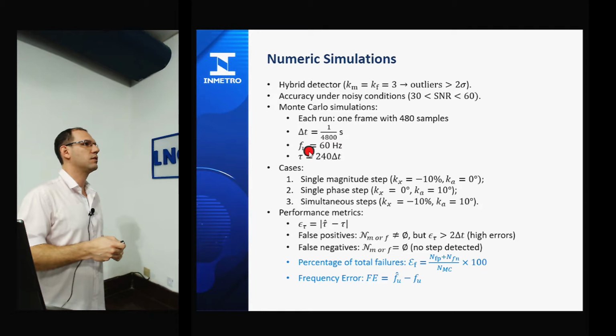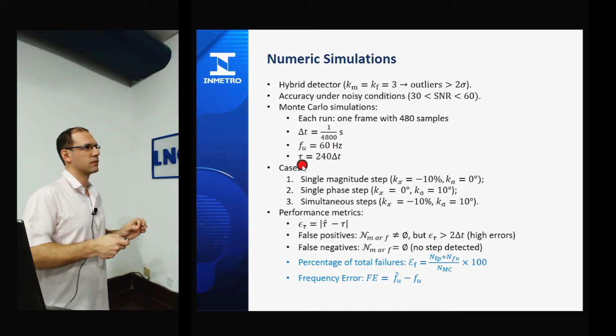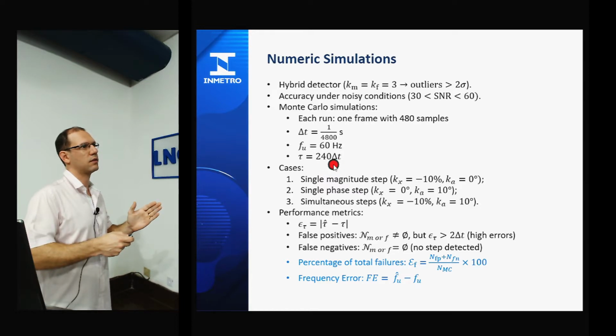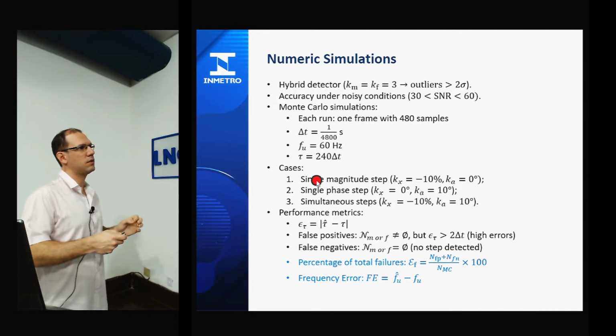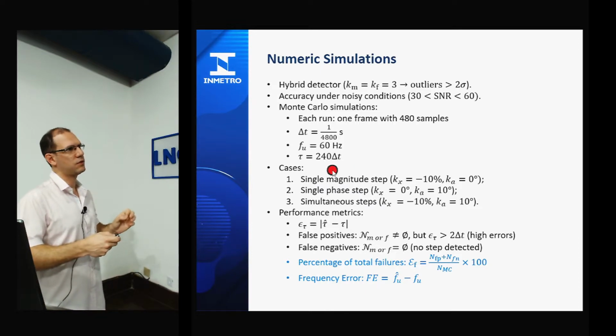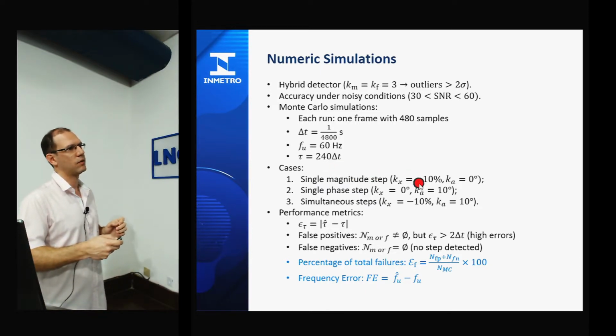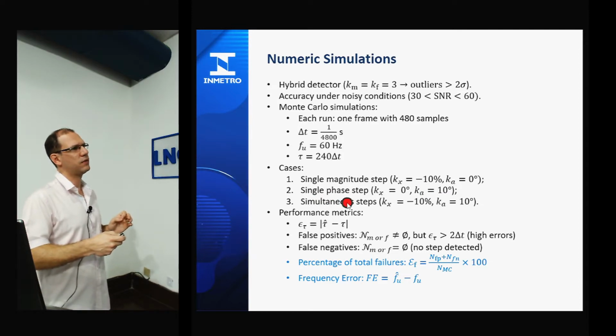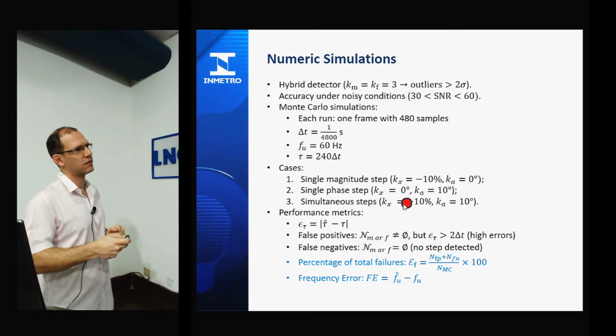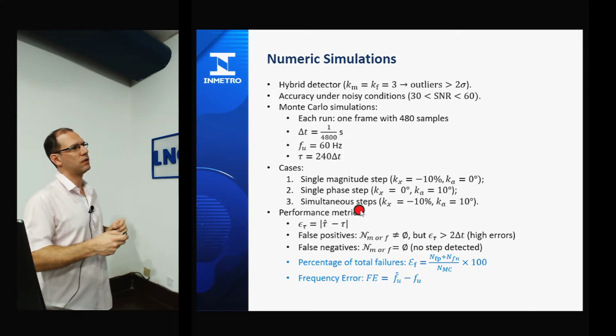We use the underlying frequency of 60 Hertz and we place the step in the middle of the frame, at 240 samples. And we simulate 3 different cases. The first one is a single magnitude step of 10%. The second is a single phase step of 10 degrees. And the third is simultaneous steps, when we apply cases 1 and 2 simultaneously.